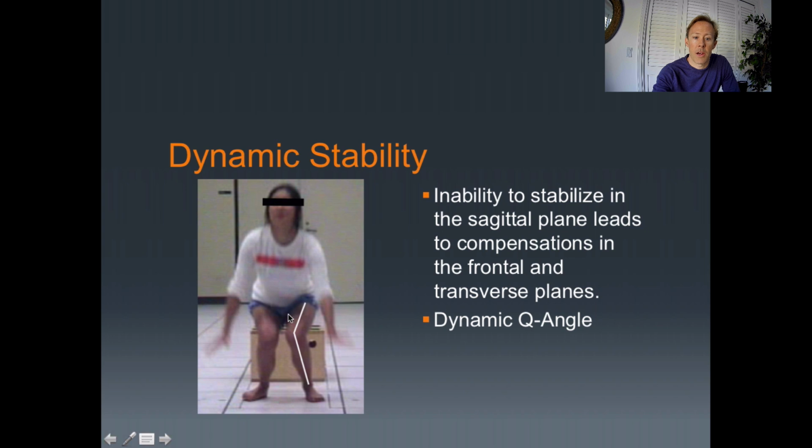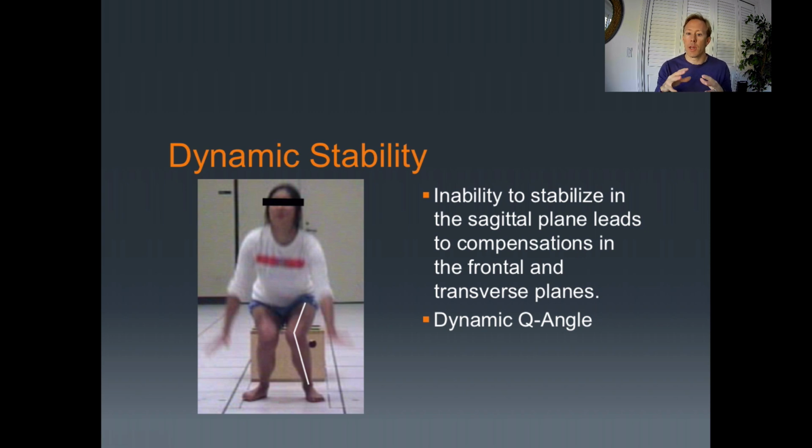So that is a large Q angle. The larger that Q angle gets, the greater the injury risk. Imagine if she landed straight and her knee was not collapsing in. This line wouldn't shoot off over here so far. It might shoot off kind of straight up, and then the angle between these two would be much smaller. Injury risk would go down. So that's how dynamic Q angle is used, that type of measurement.